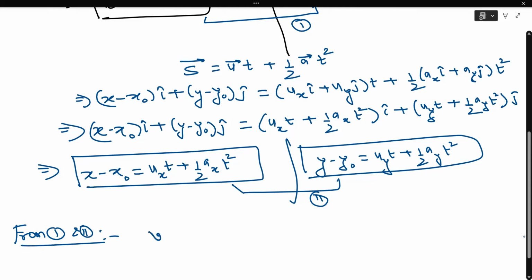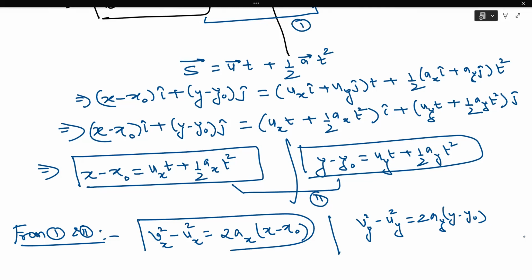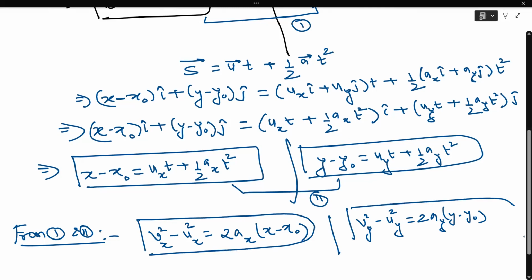We'll get Vx square minus ux square equals 2ax into x minus x0, and Vy square minus uy square equals 2ay into y minus y0. Which formula is this? The v square minus u square equal to 2as formula. This is the third step.